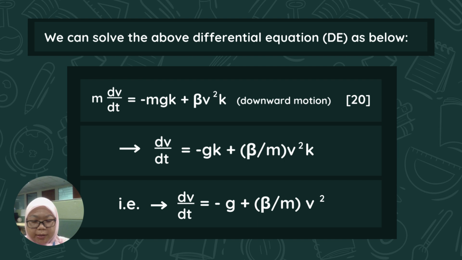M multiplied by dV over dt equals negative mgk plus beta V to the power of 2 K. It is downward motion, which is dV over dt equal to negative gk plus beta over m multiplied by v to the power of 2 k, and the result is dv over dt equal to negative g plus beta over m multiplied by v to the power of 2.